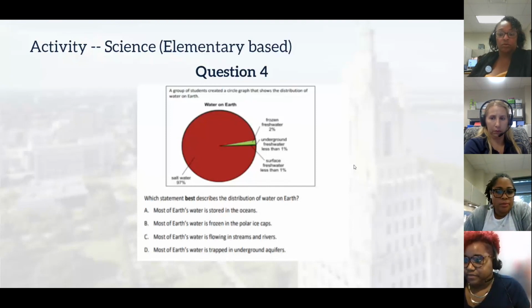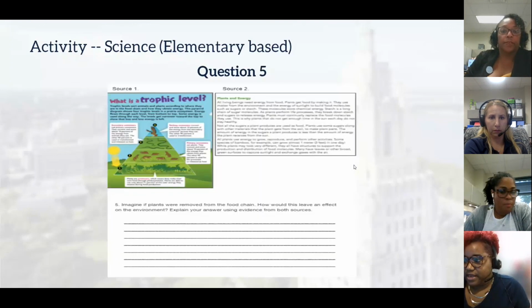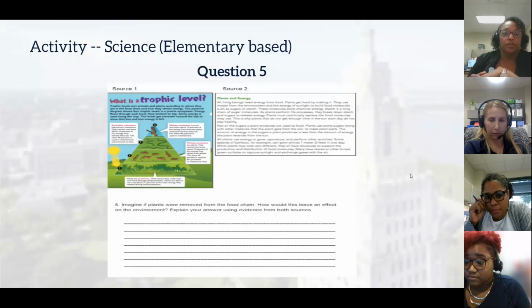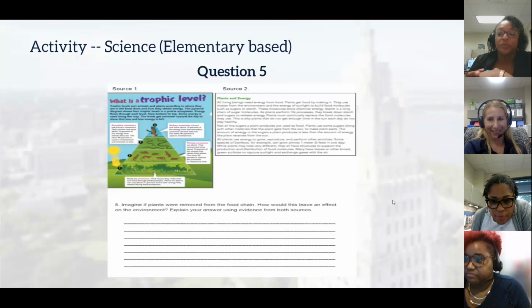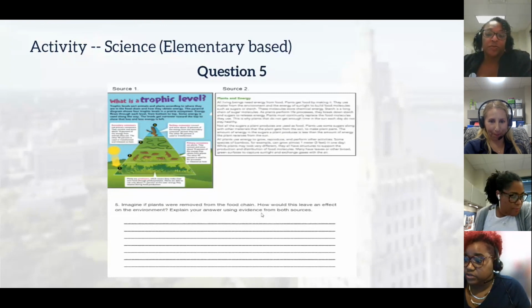All righty. So with that being said, we had one more question, but I'm going to skip it because it's very small. I will leave it in the presentation for those who would like to look at it later. But this question here is DOK level 4 or 5.